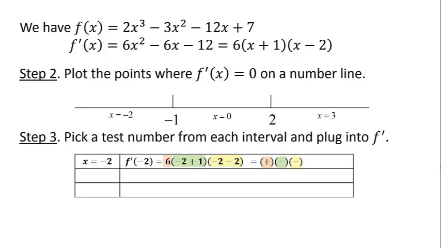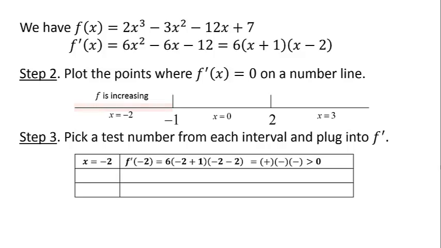So when we multiply these together, we will have a positive times a negative times a negative. Altogether then, we have a positive value. F prime of -2 is positive. And so, on the interval consisting of numbers smaller than -1, we find that our original function f is increasing.